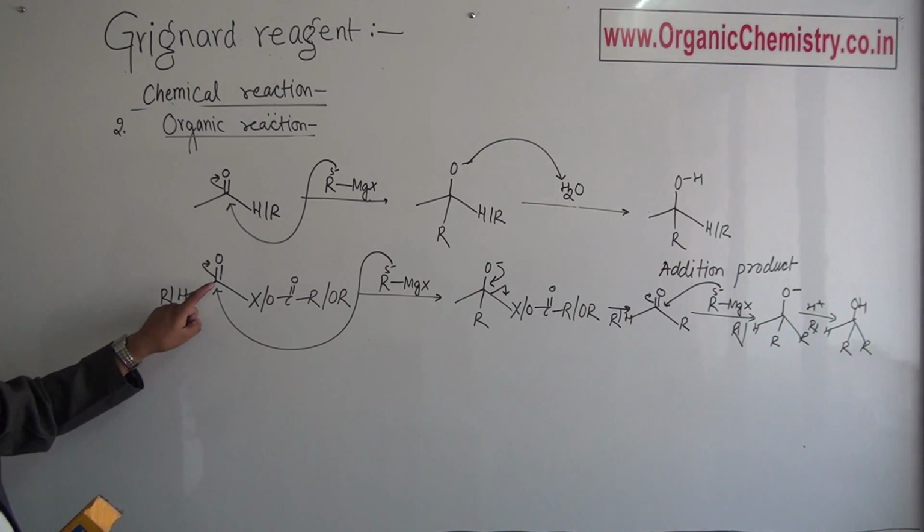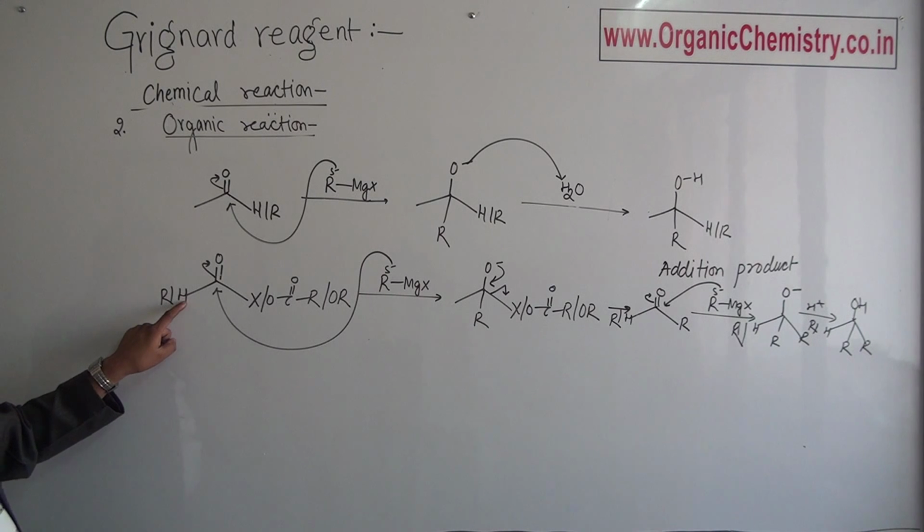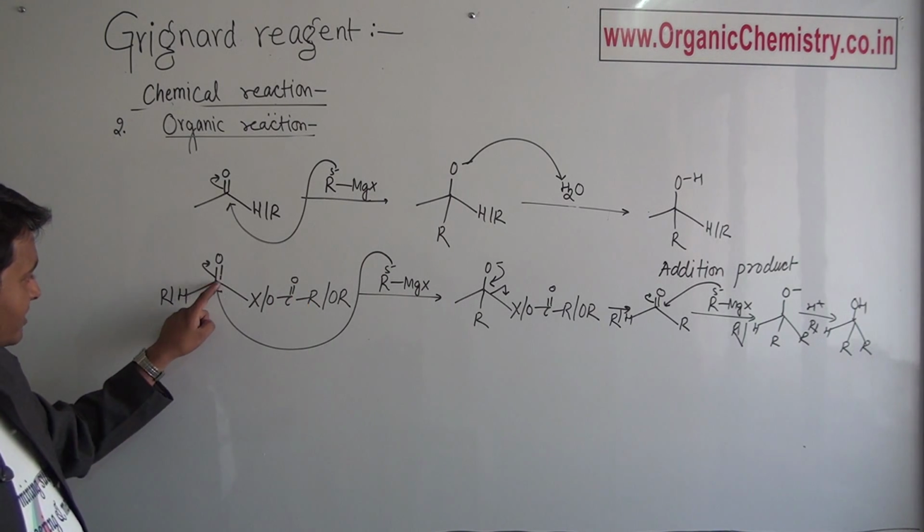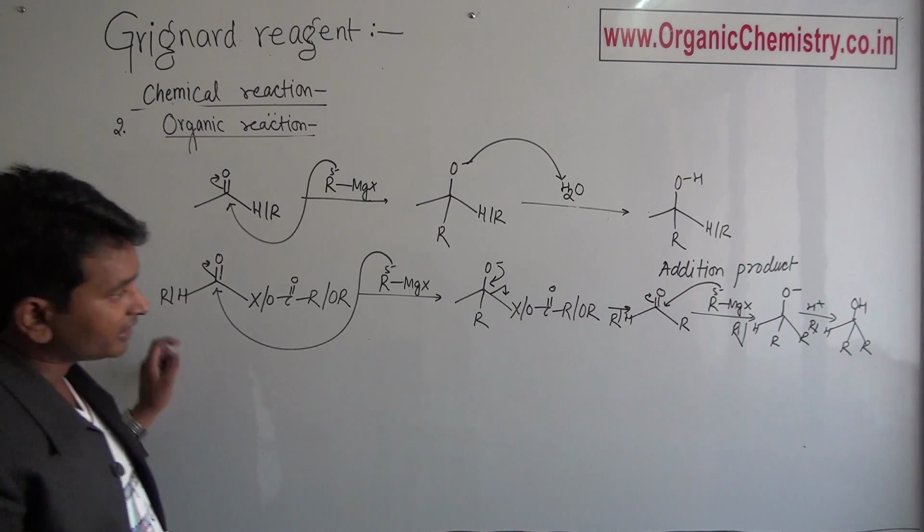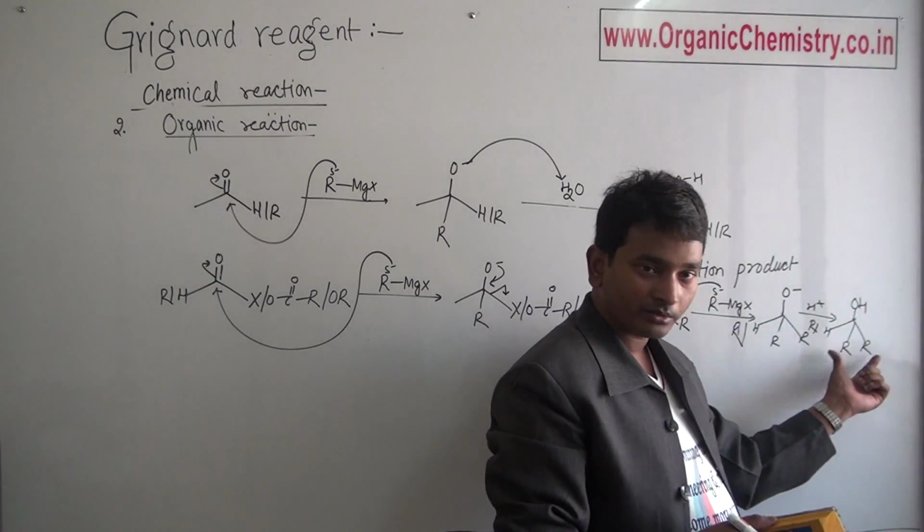If this carbon is attached with hydrogen, then secondary alcohol will be obtained, and if this carbon is attached to carbon, then tertiary alcohol will be obtained as a product.